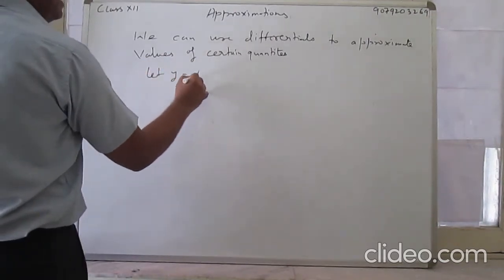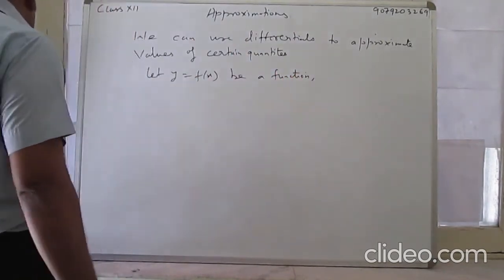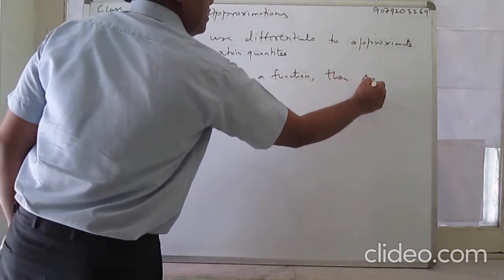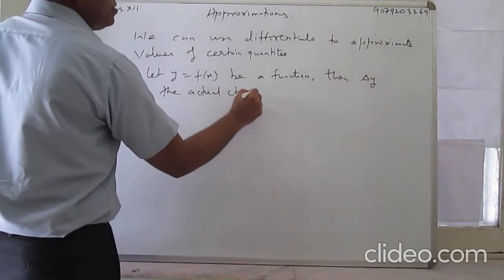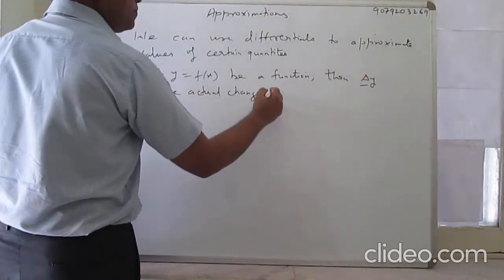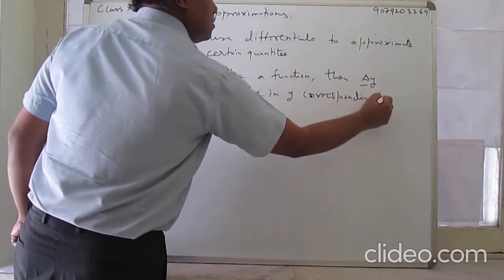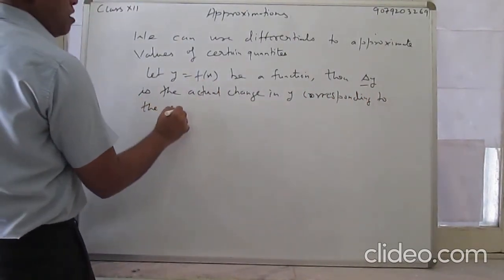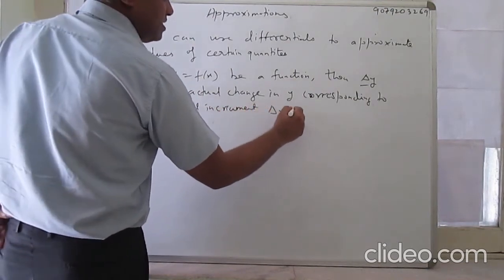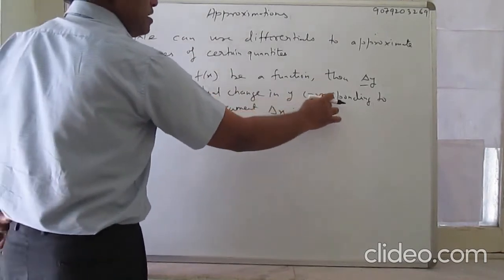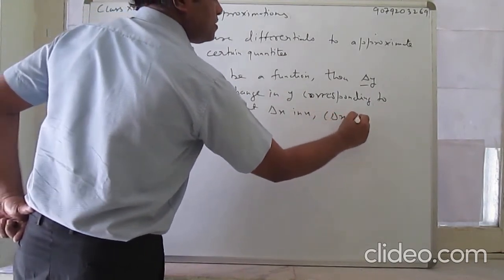Let y is equal to f(x) be a function, then delta y is the actual change in y corresponding to the small increment delta x in x, where delta x is very small.